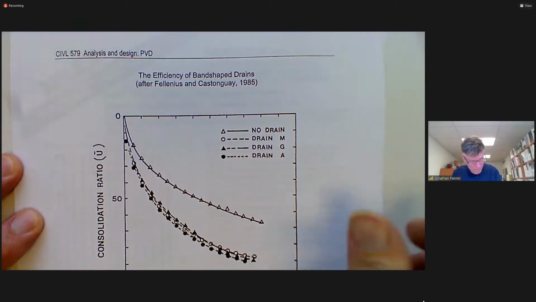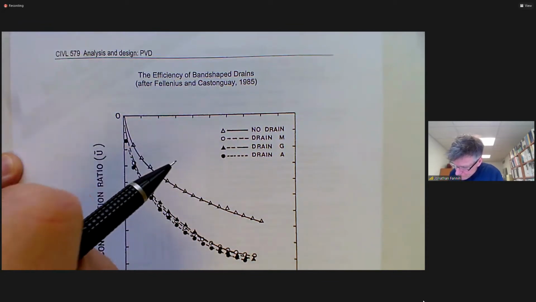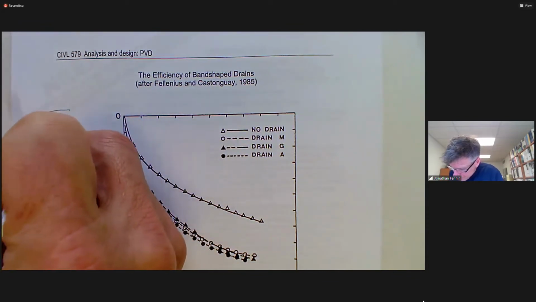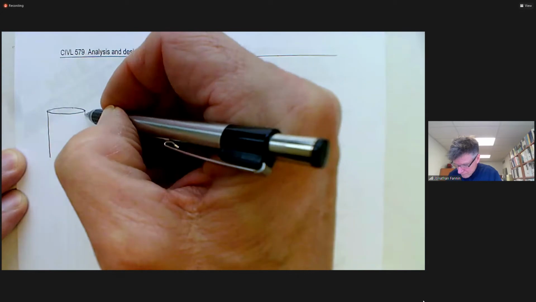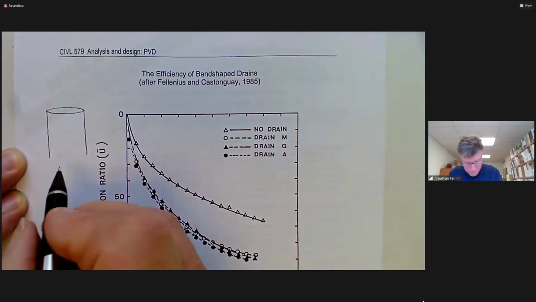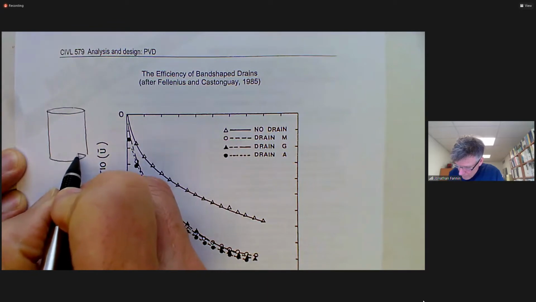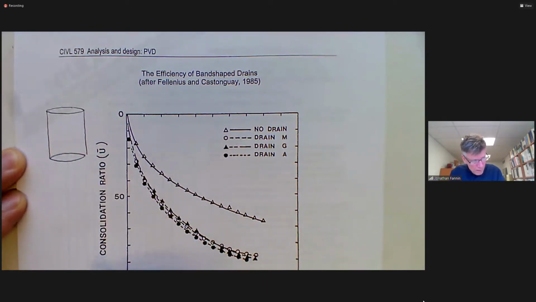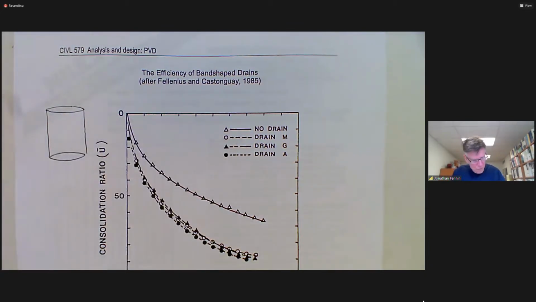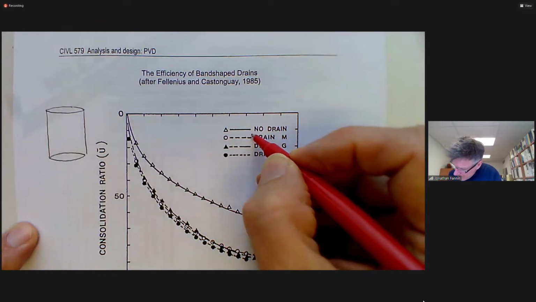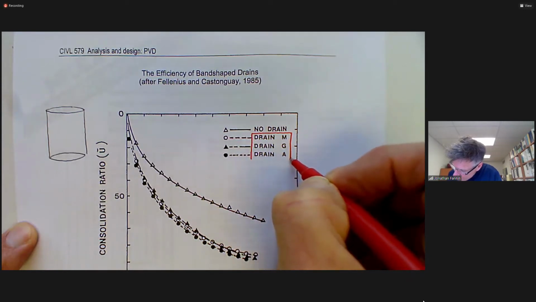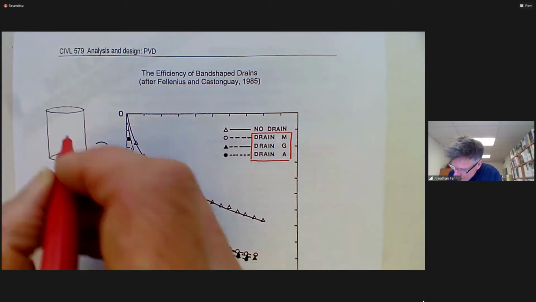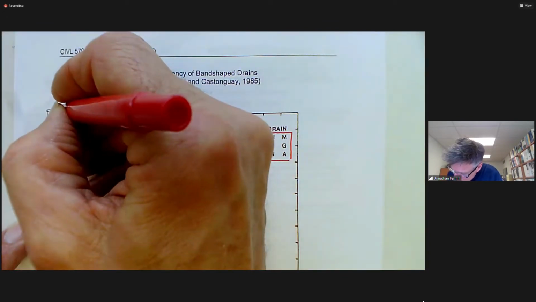He took an oil drum. Let's put the oil drum here. The oil drum had a drain in the middle of it. In fact, he set an arrangement up with 3 different drains, M, G, and A. Let's put the drain in the middle of the drum.